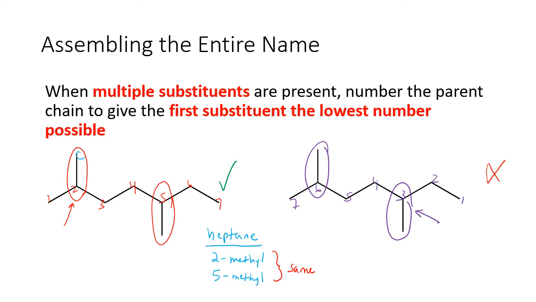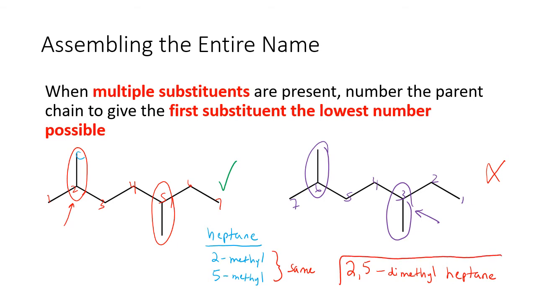So how we're going to write this name then, the full complete name is going to be 2, and we separate numbers with commas, so 2,5, and then numbers from letters with hyphens, so we put a hyphen there. And instead of just saying regular methyl, we're going to write dimethyl. And then we need to add our suffix, which is heptane.